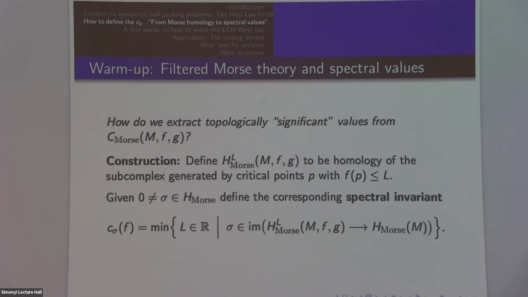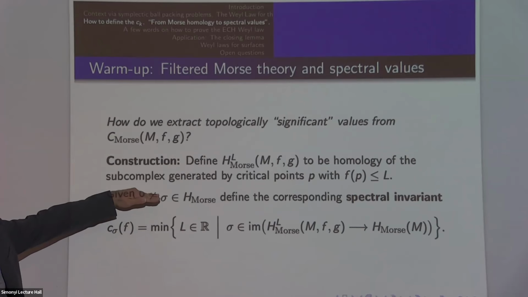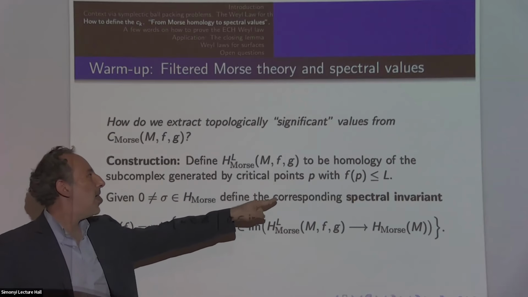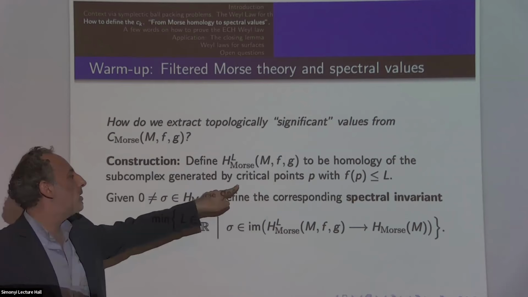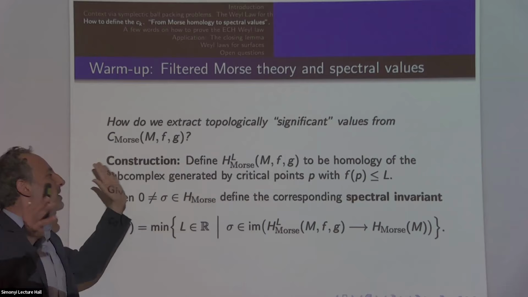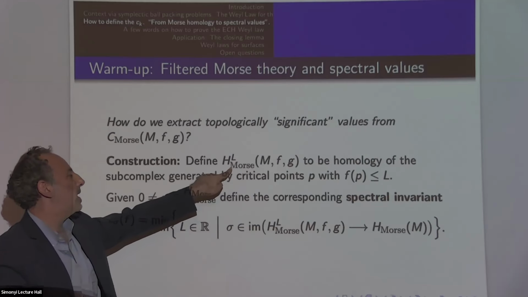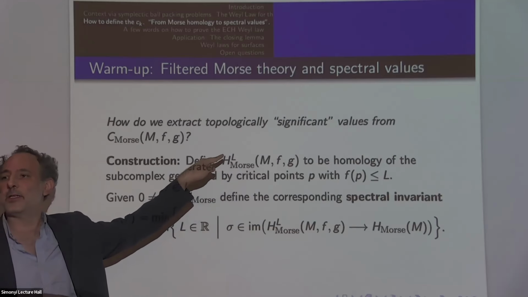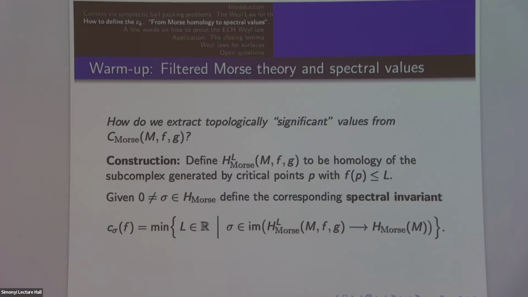So the complex actually has a filtration. Maybe just start with the construction part. I can look at the critical points that have value less than or equal to L, and that's a subcomplex. In other words, the differential maps it to itself because this is gradient flow.